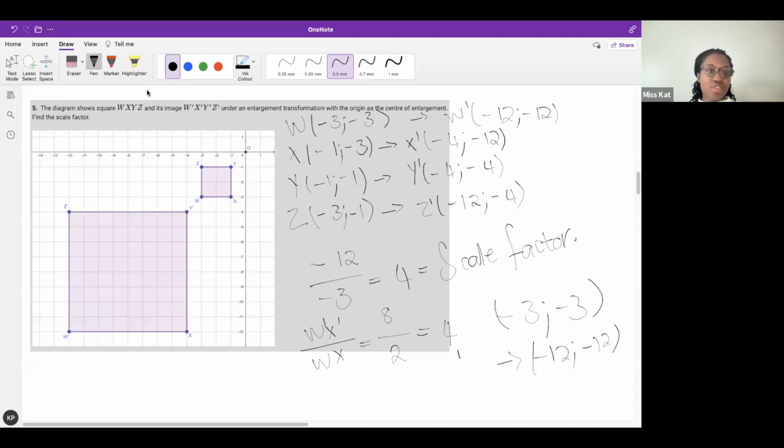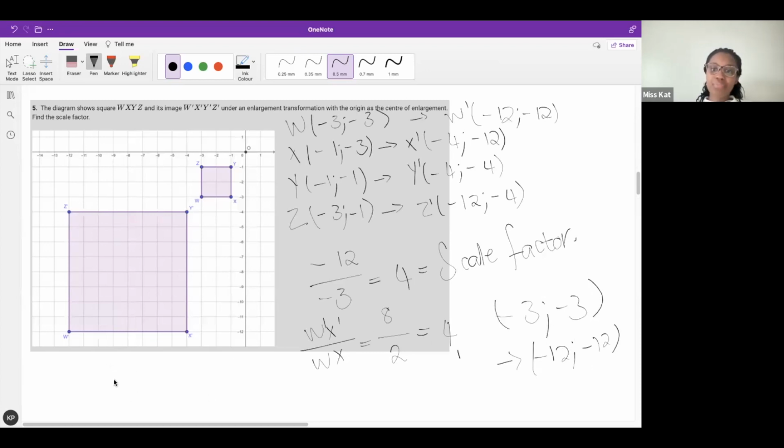What is the inverse operation of multiplication? Anyone? The inverse of multiplication is division. So we just went the opposite way. Instead of saying -3 times something will give us -12, we said -12 divided by -3.